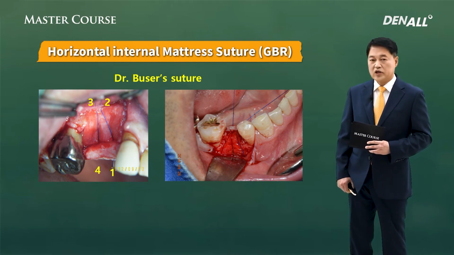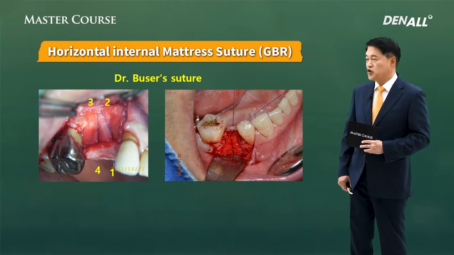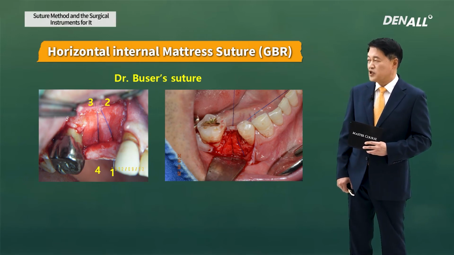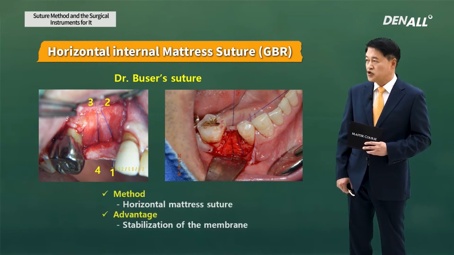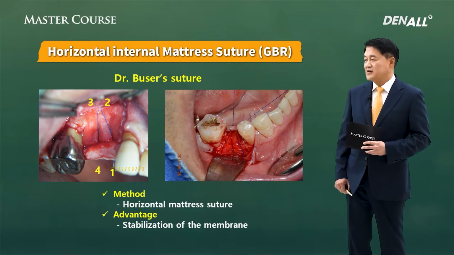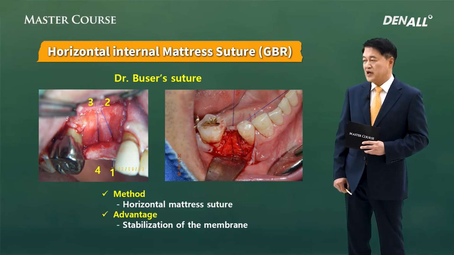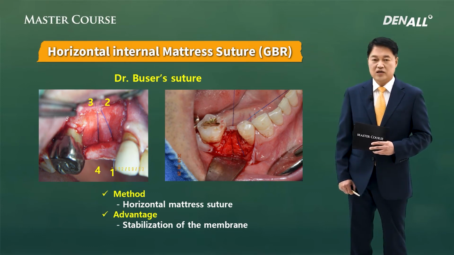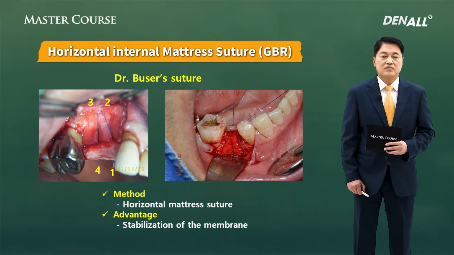It's a periosteal suturing to put the membrane in position. So inevitably the knot is on the lingual side, and this suture is the horizontal mattress suture. And it's to stabilize the membrane. And for that, you perform this suturing technique.